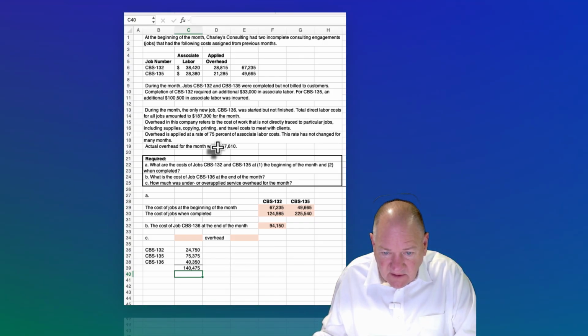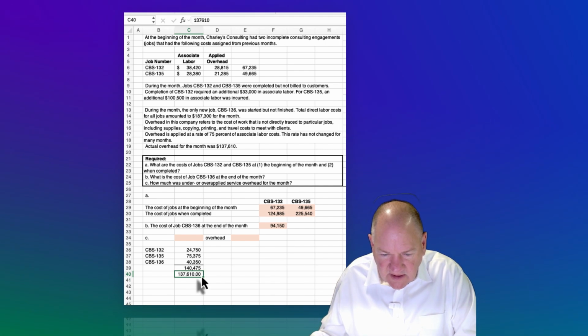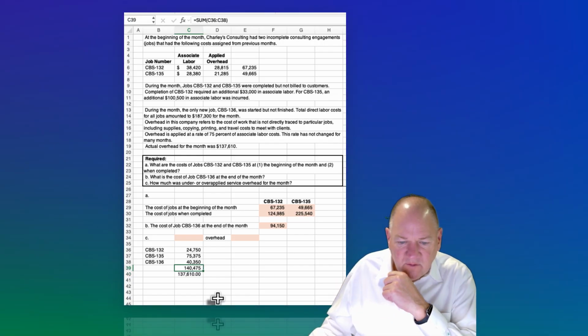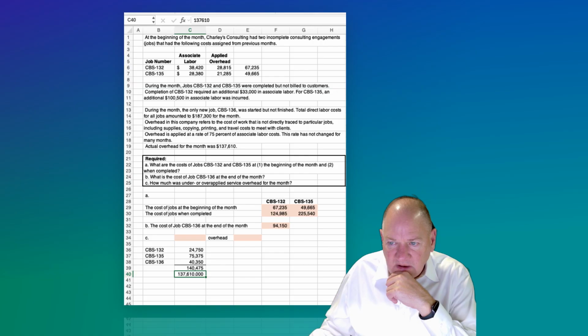Now, I had actual overhead during the month of 137,610. So I'm going to put 137,610 here. And what I know then is I applied 144.75. I incurred an actual of 137,610.